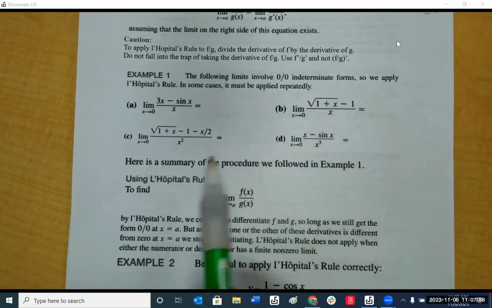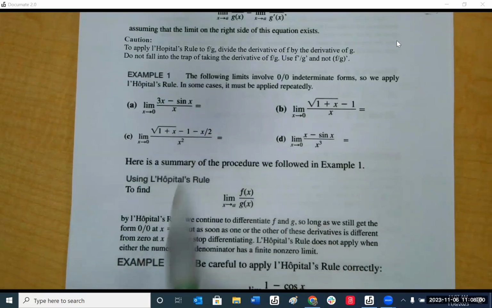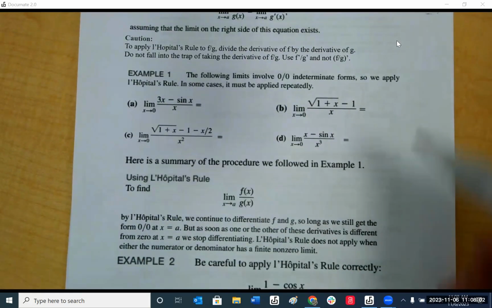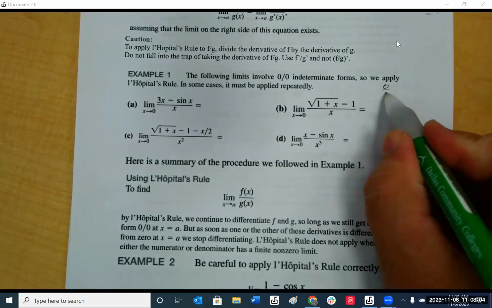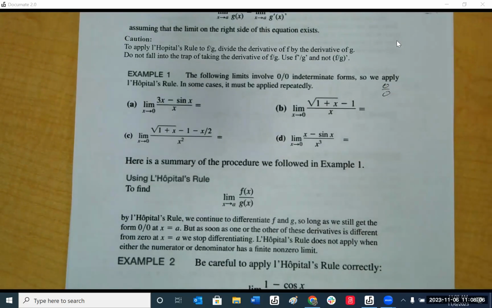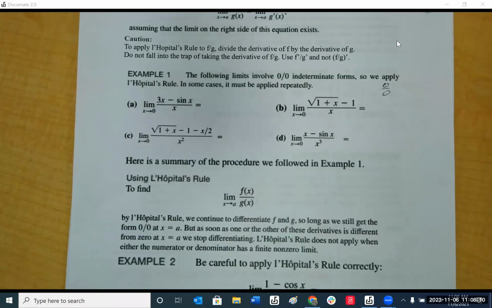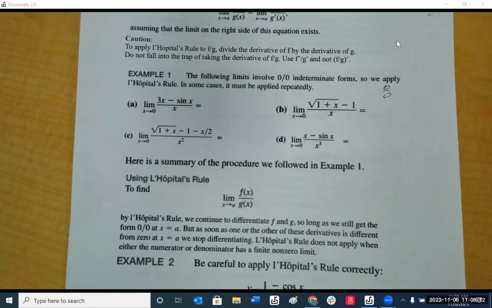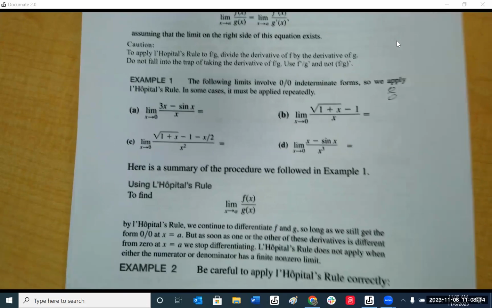So all of these 4 are 0 over 0 once we take the limit, which means we can use L'Hopital's rule on all 4 of them, which is what we're going to do now.